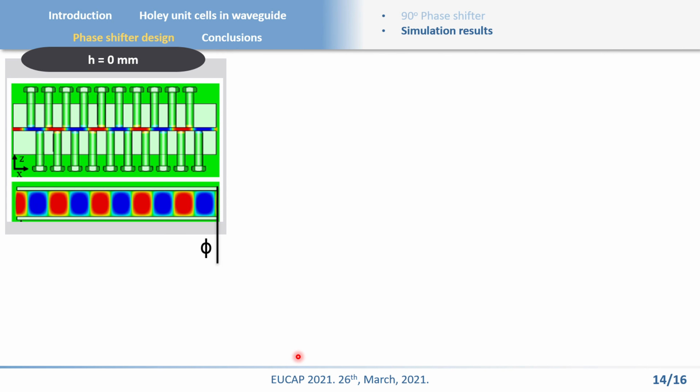Here in this slide, the electric field distribution is illustrated for different screw positions. First, it is shown when the screws set a hole depth of 0 mm. In other words, it is the reference position and the waveguide without holes. Observing the electric field distribution from a top view, at the output port a phase of phi is obtained.